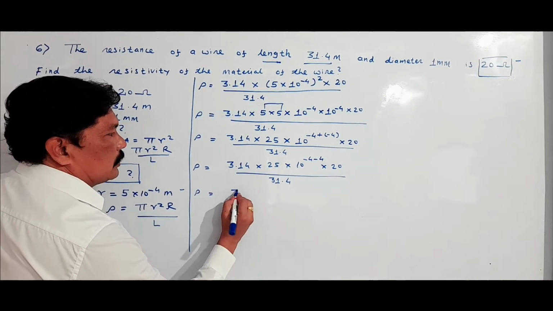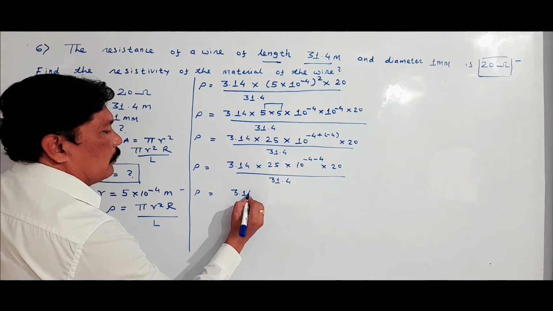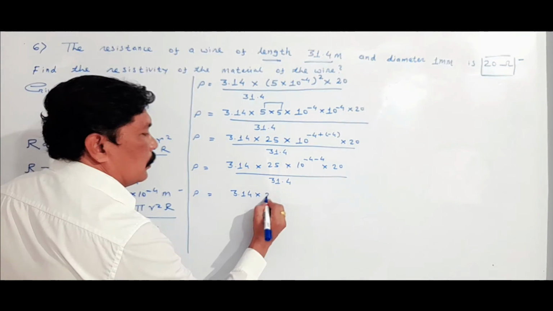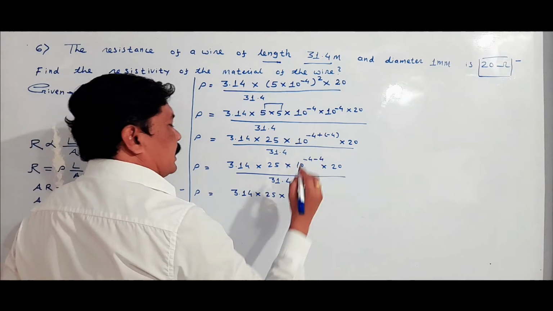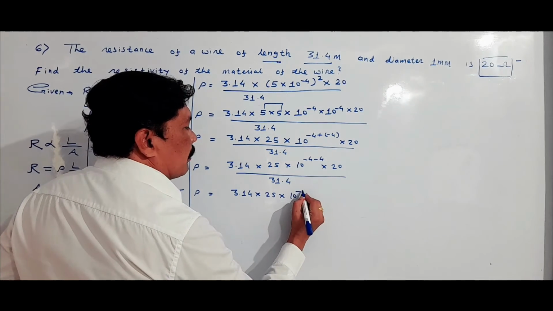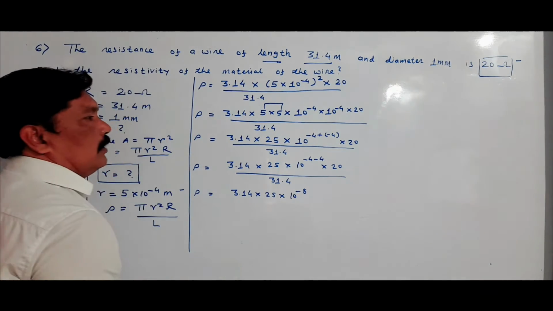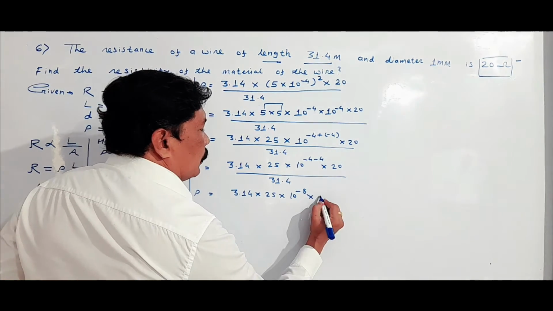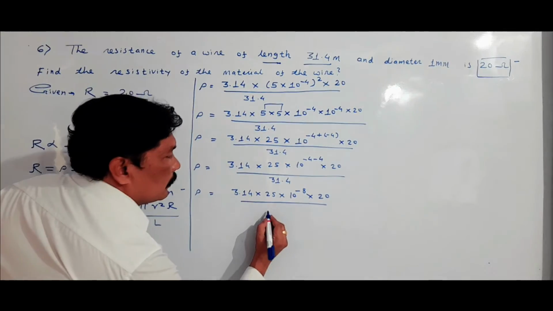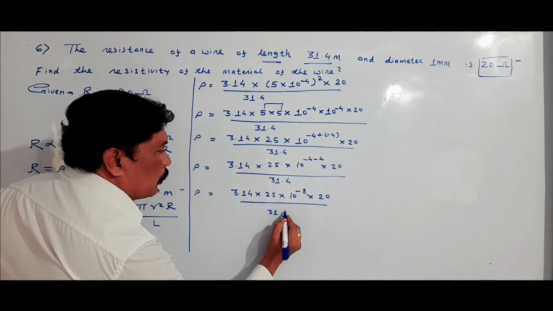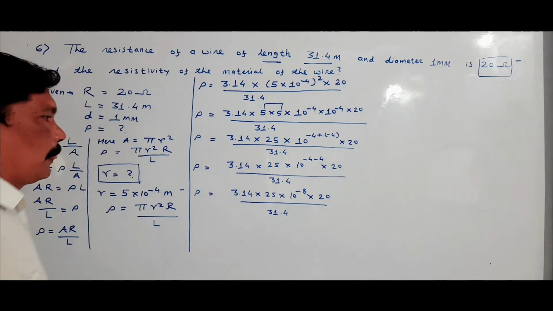Resistivity of a material is equal to 3.14 into 25 into, plus sign will be minus, 10 to the power minus 8 into 20 upon 31.4.